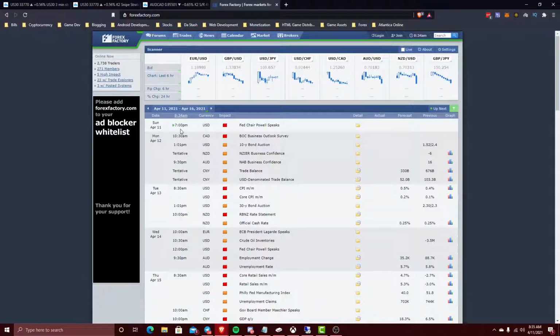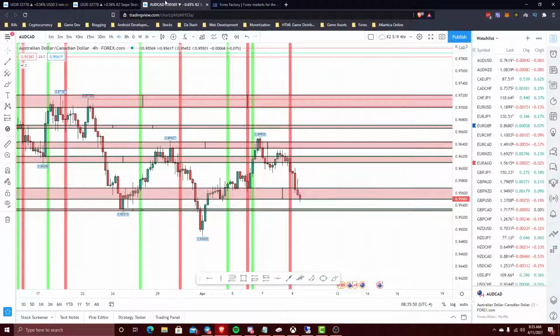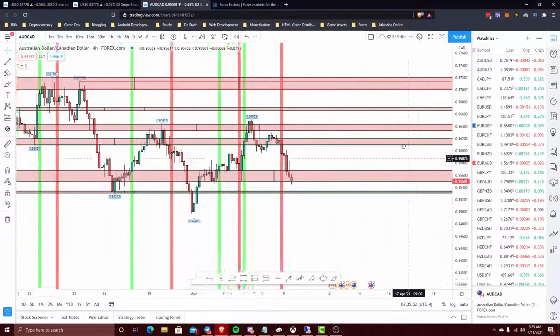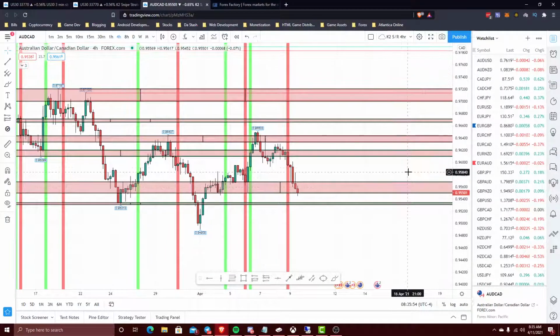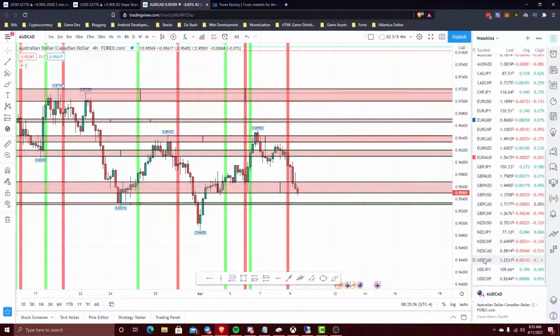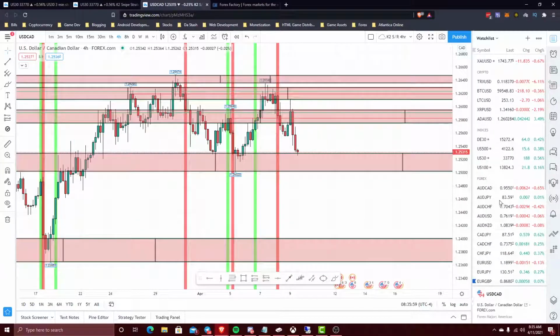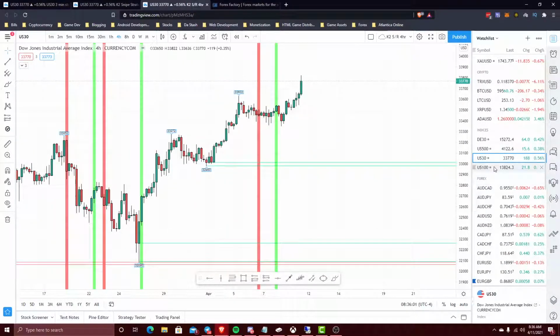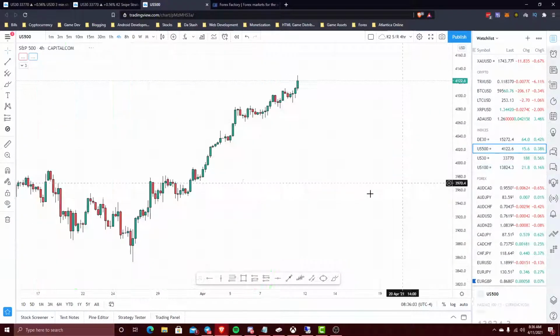Even today, Sunday, April 11th, we have Federal Chair Powell speaking at 7 p.m. So there's probably going to be some, well, not really heavy, but maybe some irregular movements with the USD pairs, and even some of the indices, maybe US 30, Nasdaq, and SPX.